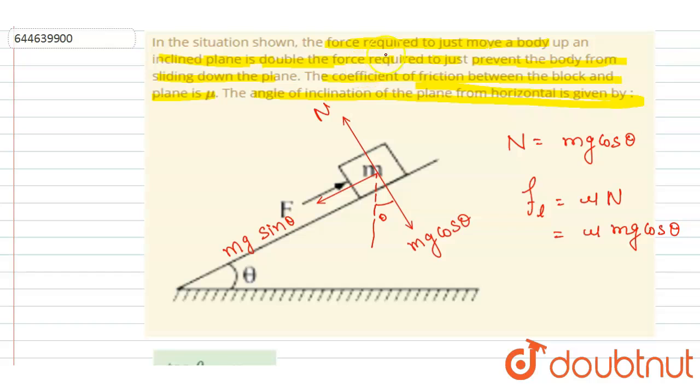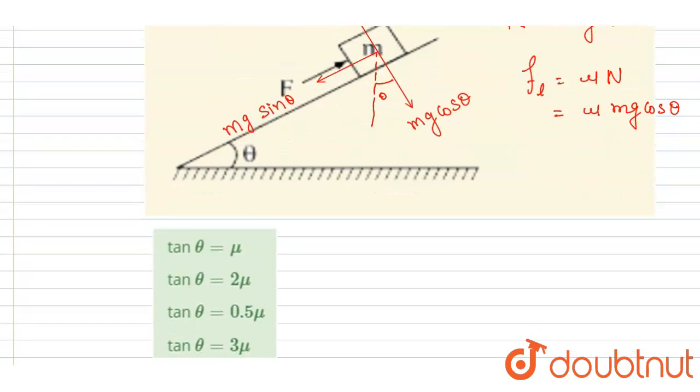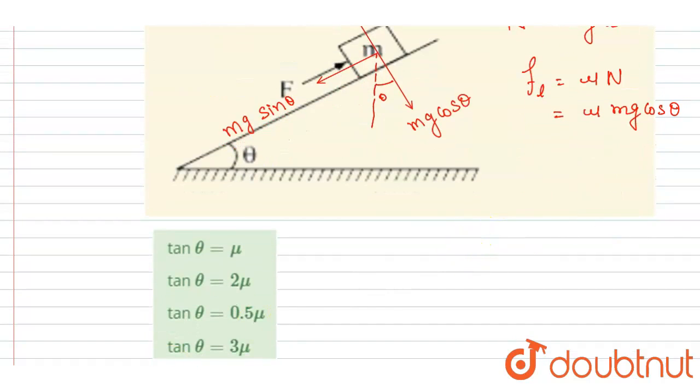Now it is given that the force required to move up the plane. So let us calculate the force required to move it just up the plane. Just move it, what does it mean? It means that it is the force that will make the block move with constant velocity, right?